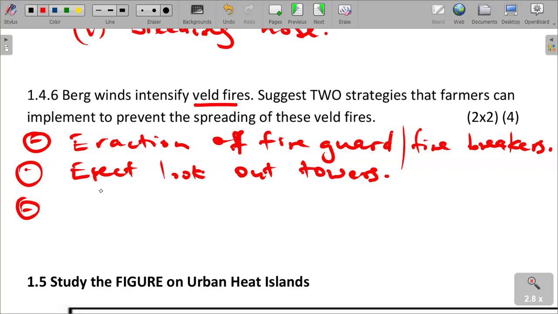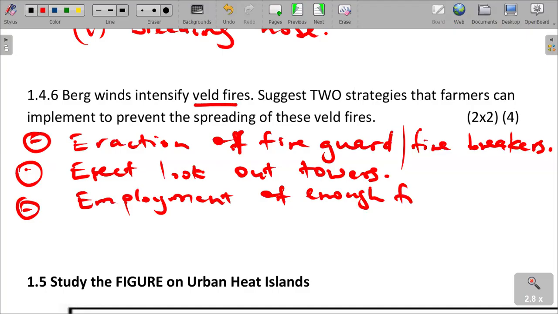We can also talk about employment of enough firefighters. This can also help firefighters to quench the fire.